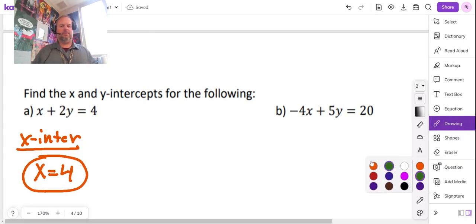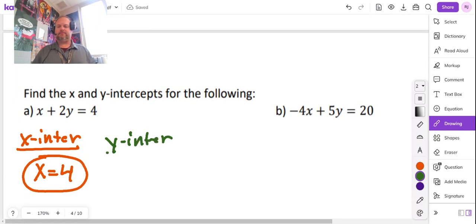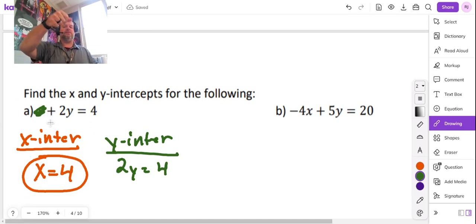For our y-intercept, again, we cover up the x. I'm doing this with my stylus, but if I was doing this on paper, I would use my pencil to cover it up a little bit.